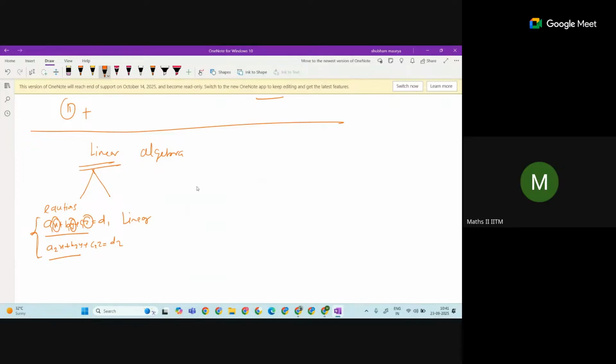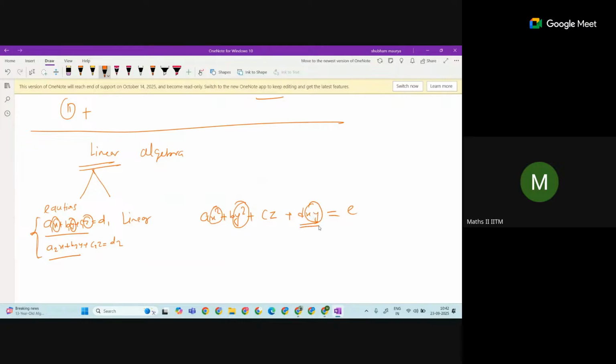It is not the case for this one: ax squared plus by squared plus cxy plus, maybe, dz plus d of xy is equal to some constant. See, this is not linear. The reason is that these variables are not of degree 1; this is also degree 2.